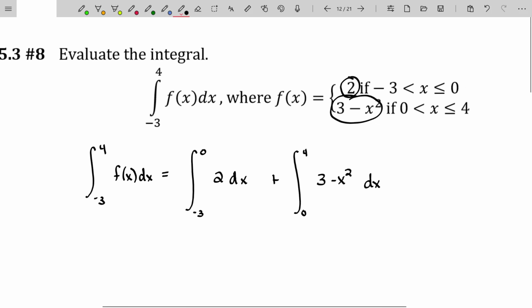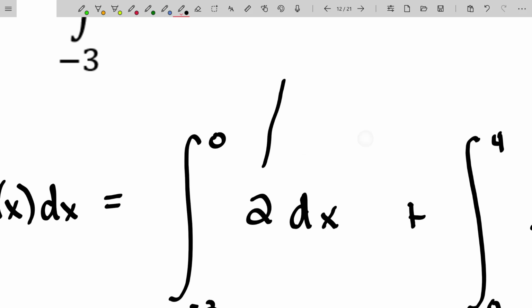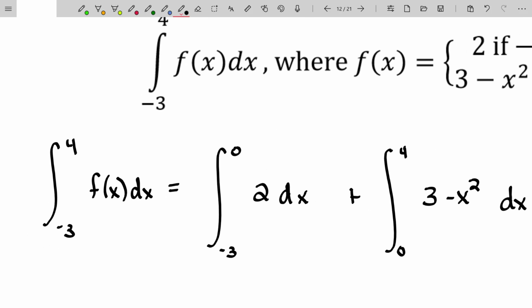Now, I have mentioned previously that when you're faced with integrals, definite integrals, you would like to use geometry as much as possible. You could find the antiderivative and do all that stuff, or, and I highly recommend you get used to this, you could say, oh, I have a function, here's the x-axis, of height 2.